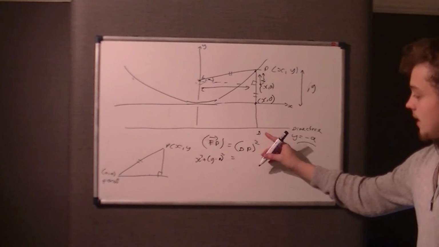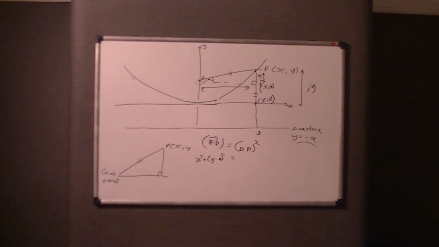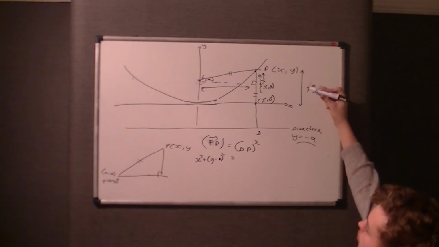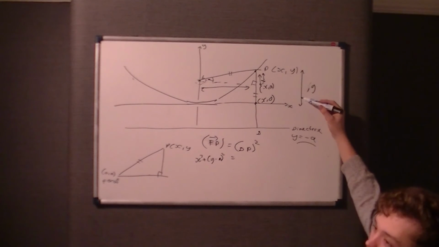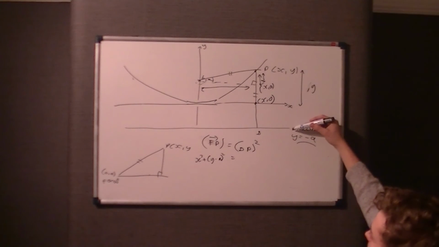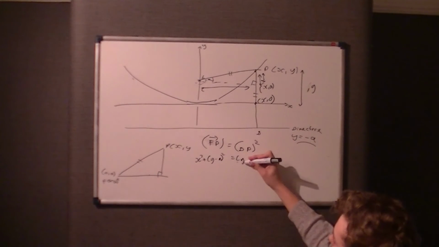Now dP, well obviously here our y coordinate is negative a, and up here our y coordinate is y at P. So we want to get from D to P. So the y coordinate of P and the x-axis is y, and then the distance in the y coordinate from x to the directrix is negative a.